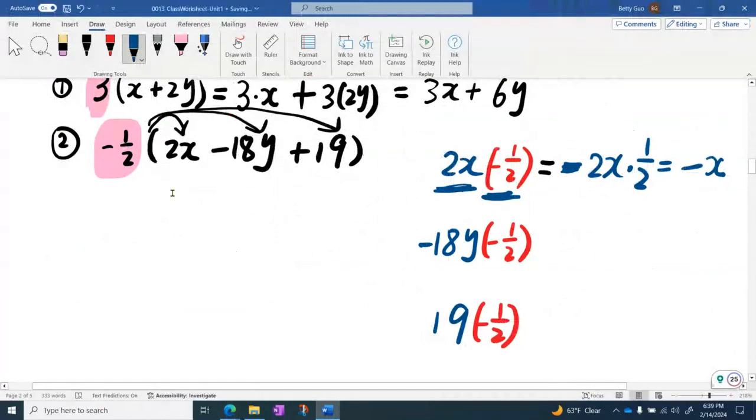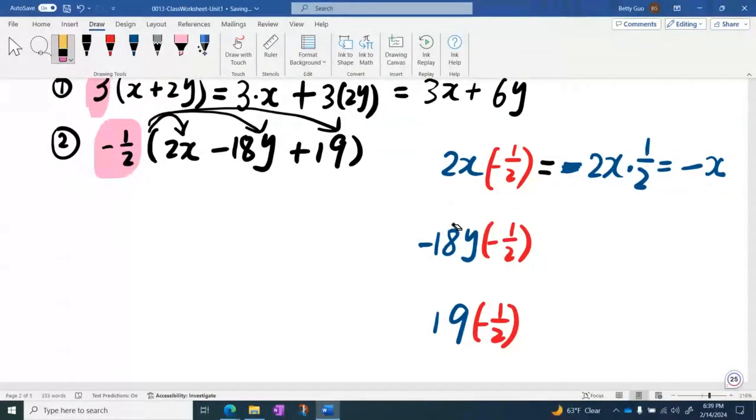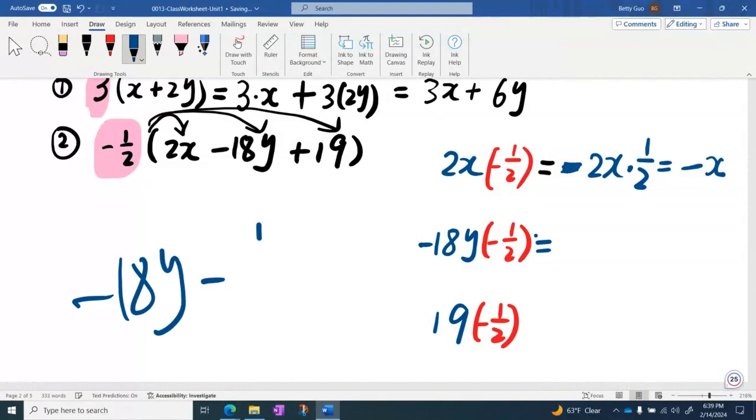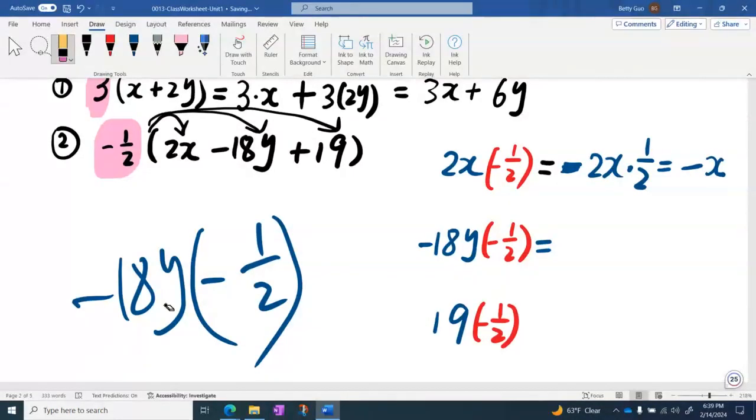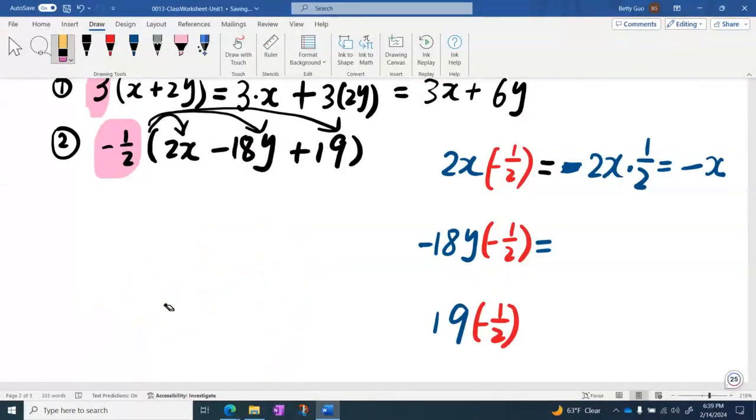Now we look at what we have after we give the second term the coefficient. Again, this is not negative 18y minus half. It is negative 18y times negative half. We are multiplying.